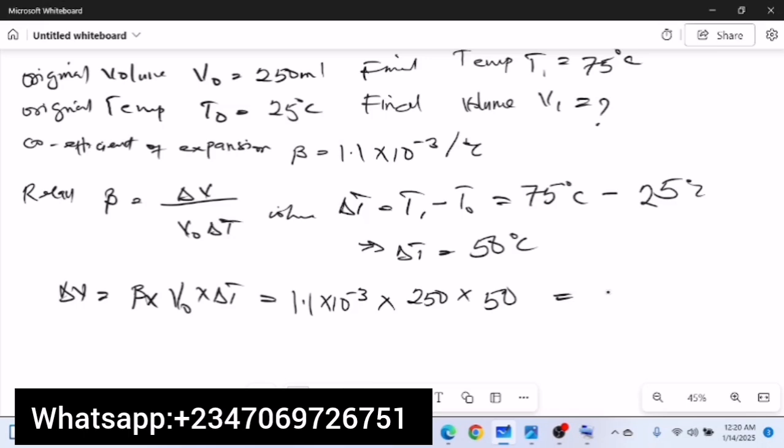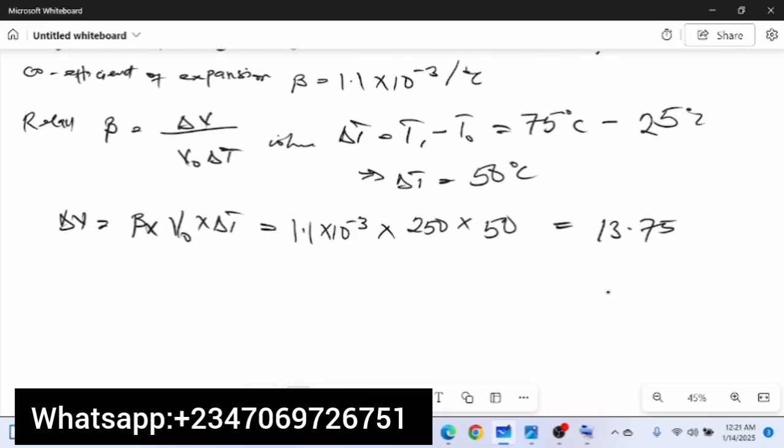So 50 multiplied by 250 ml multiplied by 1.1 times 10 to the power of -3 gives us 13.75. So this becomes the change in volume.